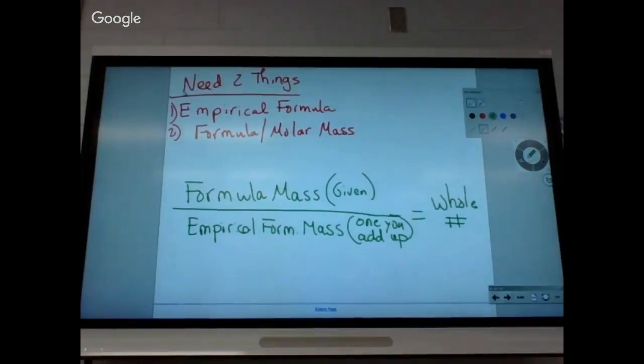Because this number is what the formula was reduced by. It was reduced by 1, which tells you they were the same formula. It was reduced by 2, which is the most common answer. Most formulas were reduced by 2. Some of them reduced by 3 or a 4 or a 5 or 6. Okay?